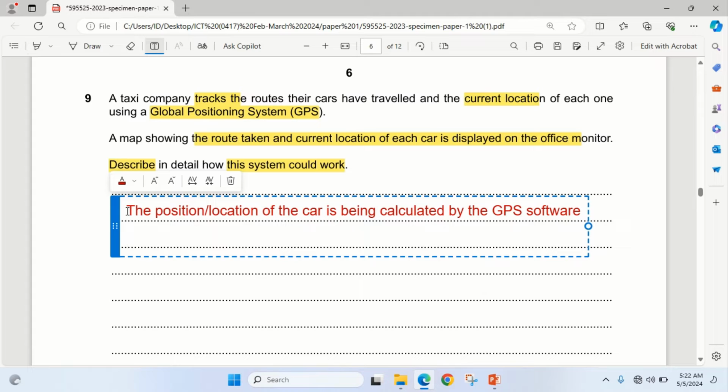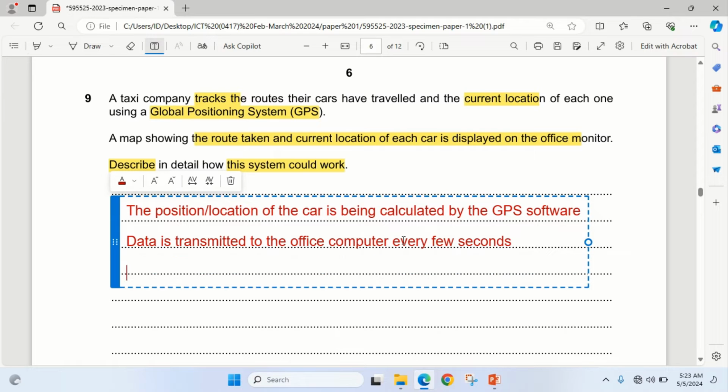Another valid point is that data is transmitted to the office computer every now and then. Data is transmitted every few seconds to the computer, so they can follow, monitor or track the current location of the car.